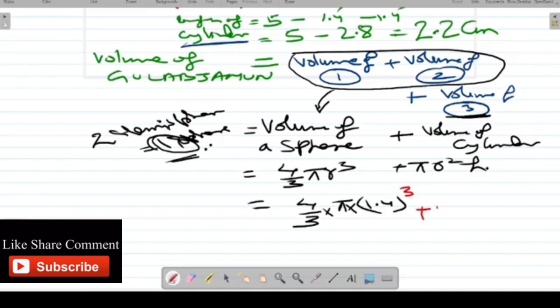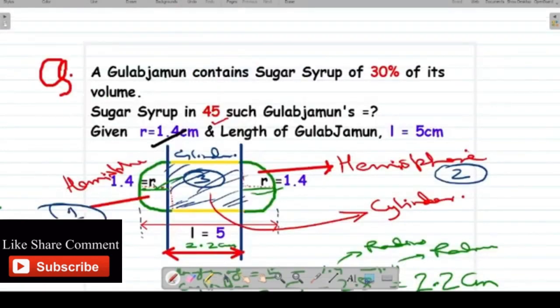You know what is the radius of the cylinder? When we cut the cylinder, you will get this cross section. I will show you, one minute. What we get when we cut the cylinder is the radius of that cylinder. When you separate both the areas 1 and 2 from the main Gulab Jamun portion, you will get it like this.